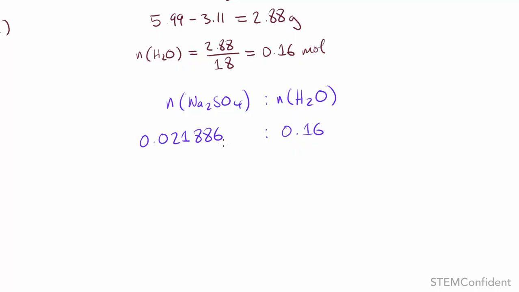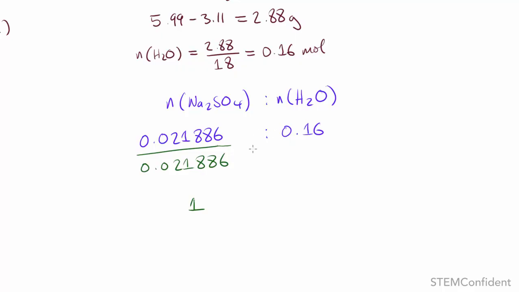Because it's for every 1 Na₂SO₄, how many moles of H2O? Well, we want to get the left hand side molar value to be 1, and the way we can do this straightforwardly is simply dividing it by itself. So that's exactly what I'm going to do. I'm going to divide this by 0.021886. And that's of course going to give me 1, because it's divided by itself.